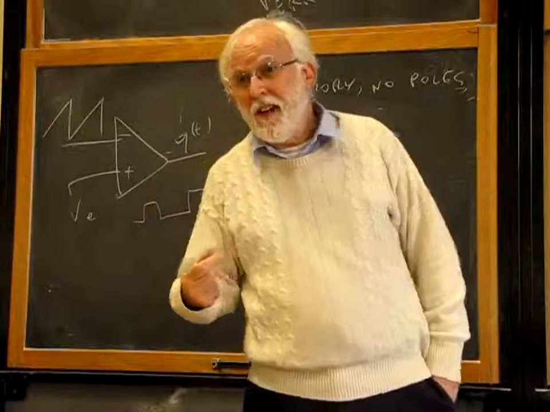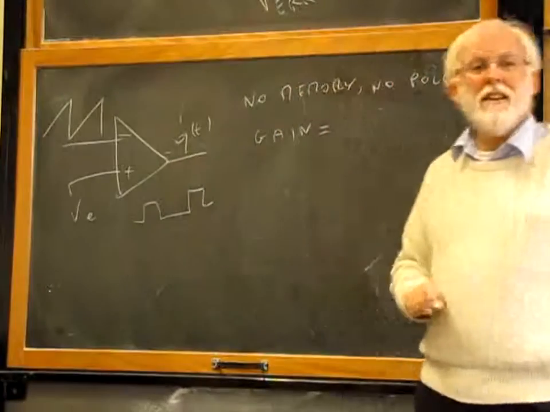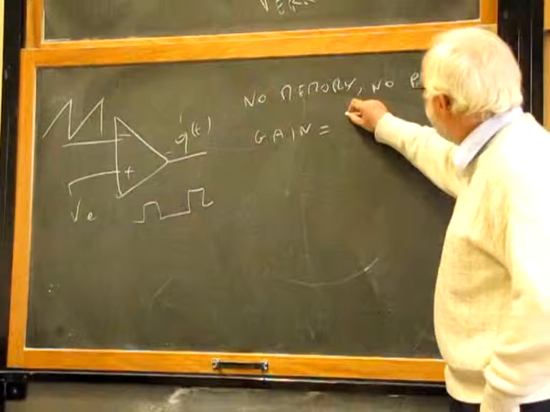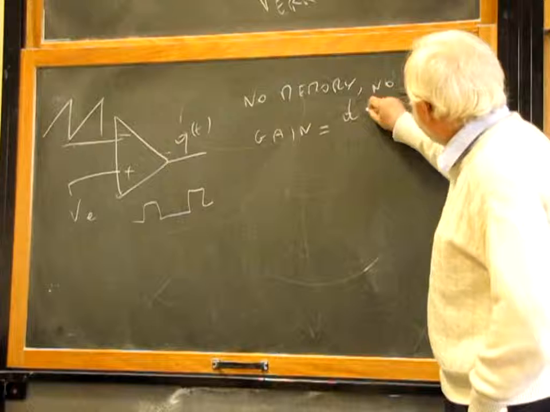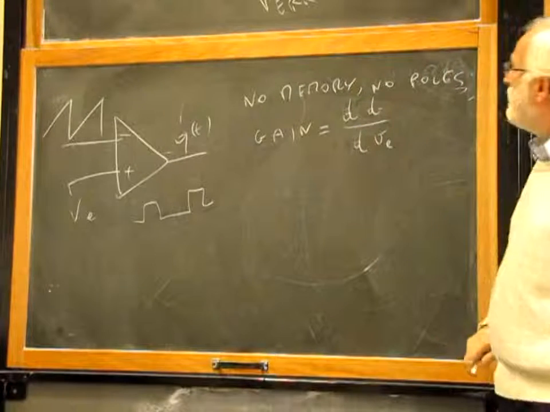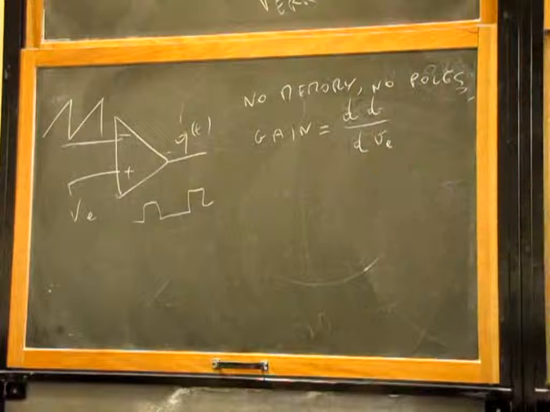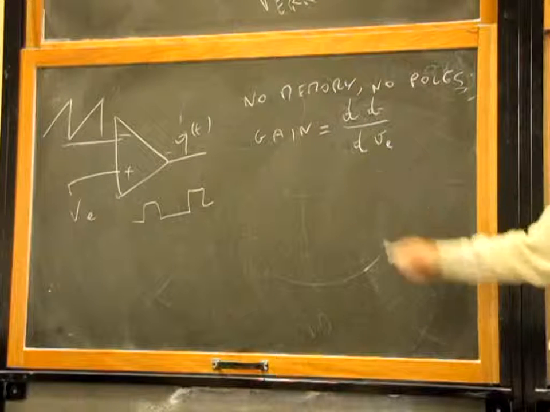Duty cycle. The gain is just the change, the derivative of D, by the derivative of the variation of vE.